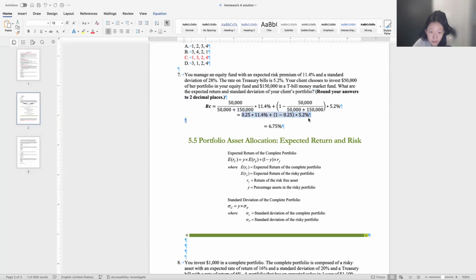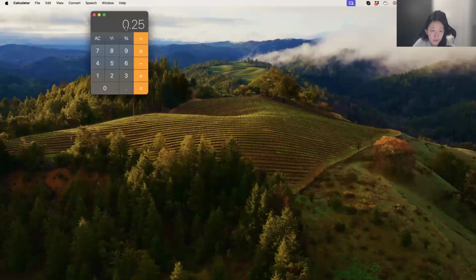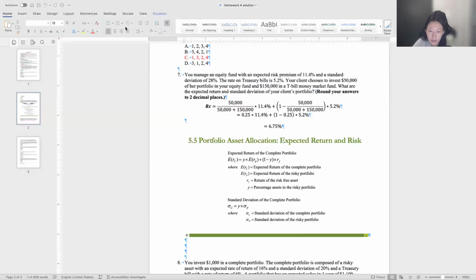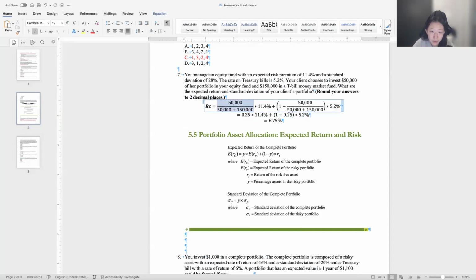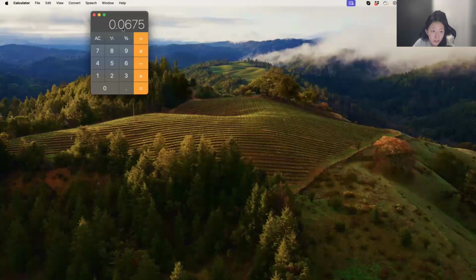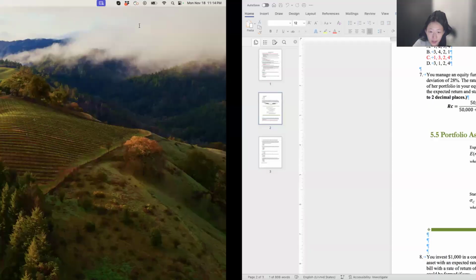Now let's see. Yes, I think it's correct. So the nice thing is that you can directly copy this formula, copy this to the calculator and it's going to give you the answer.